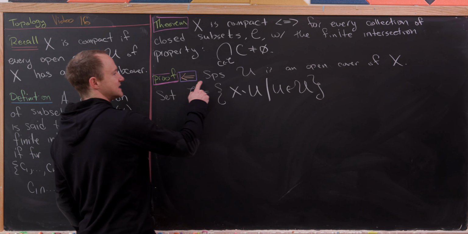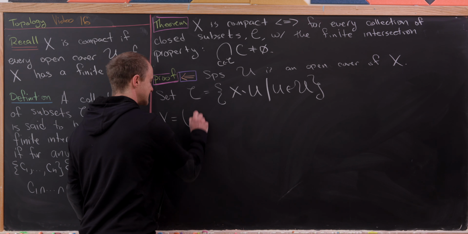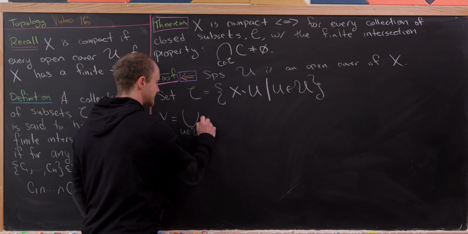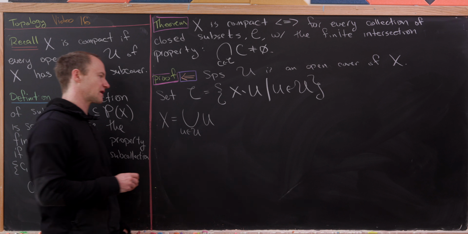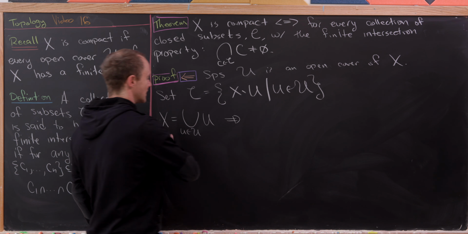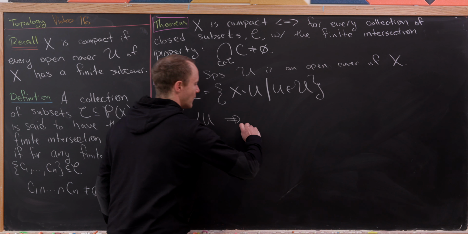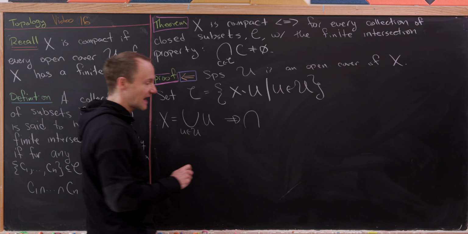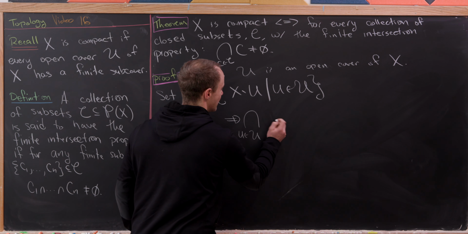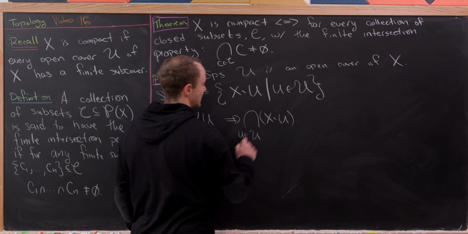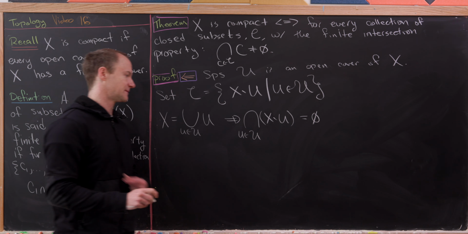But now let's get going. So let's observe that since U is an open cover, that means that X can be written as the union over all U in script U of U. Anyway, that's exactly what it takes to be an open cover. But now we can take the complement of both sides of this equation, pretty similarly to what we did before, and that's going to turn into the intersection over all U in script U of X minus U, because we're taking the complement, and observe that that's going to give us the empty set.